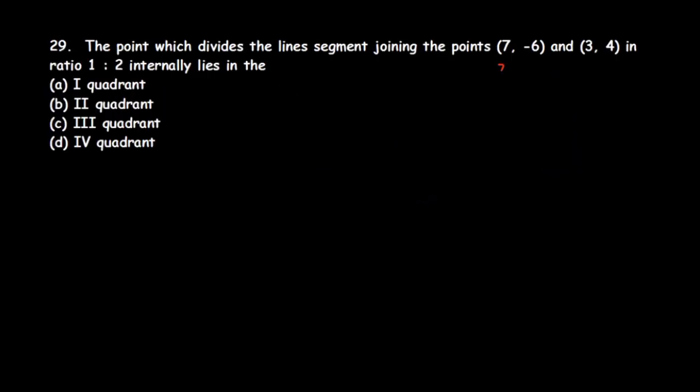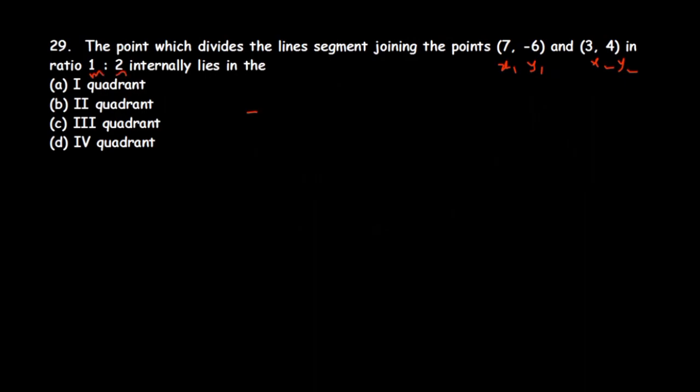The point which divides the line segment joining the points 7 comma minus 6 and 3 comma 4 in the ratio 1:2 internally lies in which quadrant. So you can take this as x1 y1 and x2 y2 and the ratio given m1 is to m2.